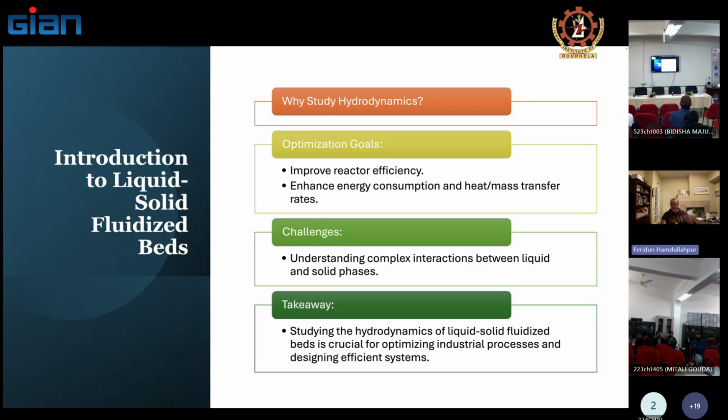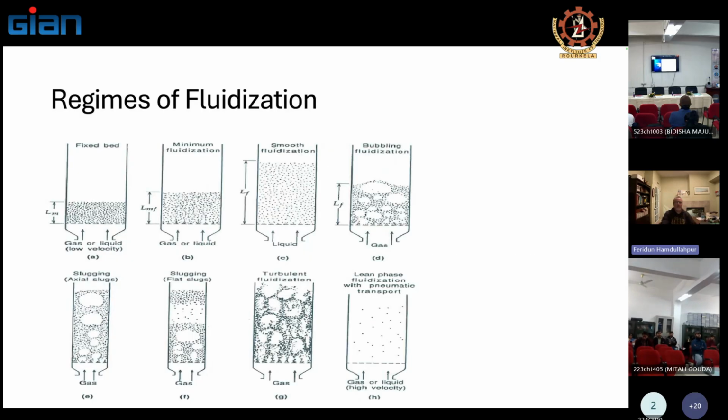There is again, just like in gas-solid, a lot of interaction. I showed you this earlier, but it's the same regime in the liquid case. You can have smooth fluidization, where you have a pretty good dense, uniform distribution of particles. Let's say, very simple, you're trying to make a smoothie, for example, in continuous operation production.